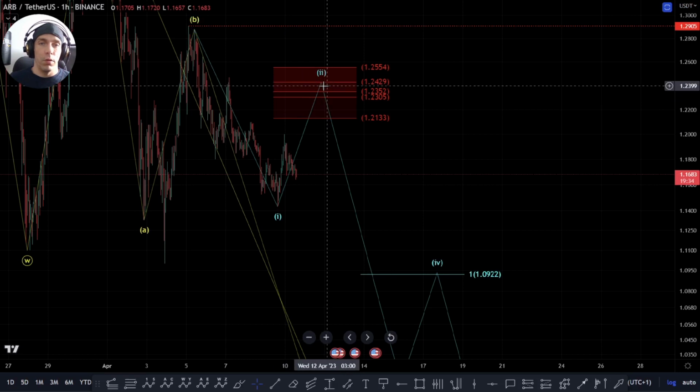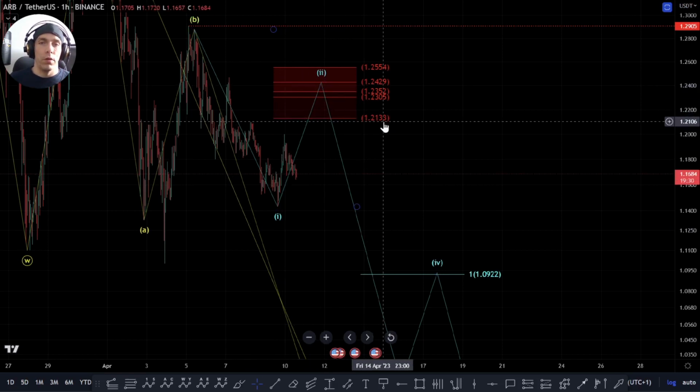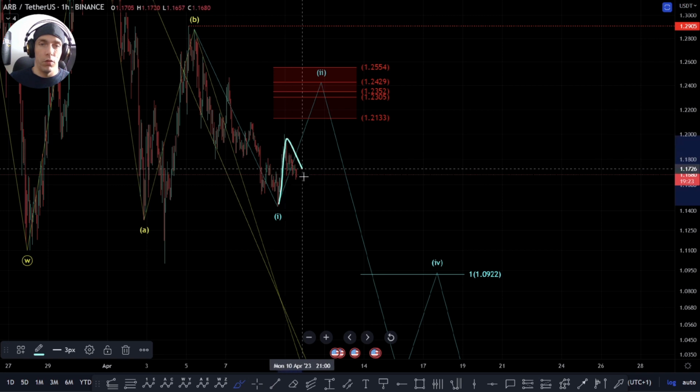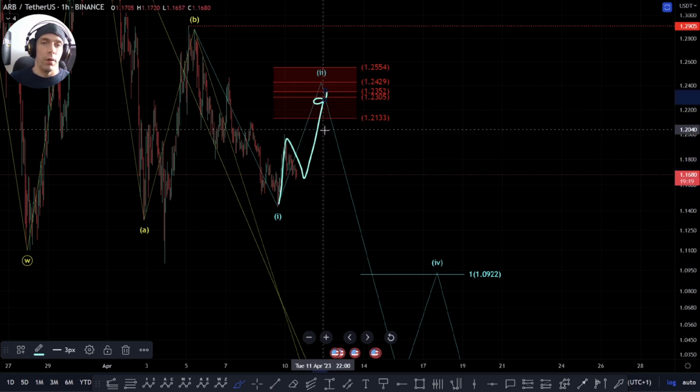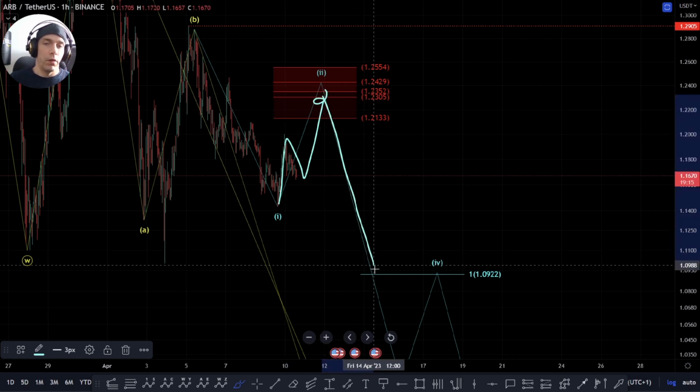And then what we'd be looking for would be the possibility of rejecting up here between this $1.21 to this $1.25 area. So what we need to be on the lookout for is if we form just 3 wave moves to the upside here, potentially we could look to take some of these zones and then look to push back to the downside.